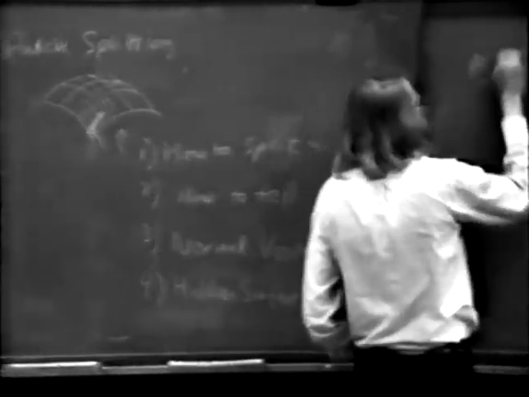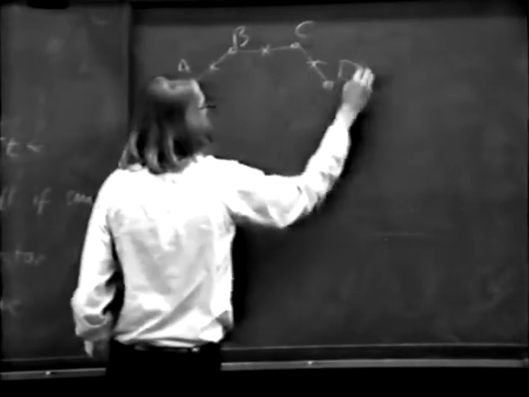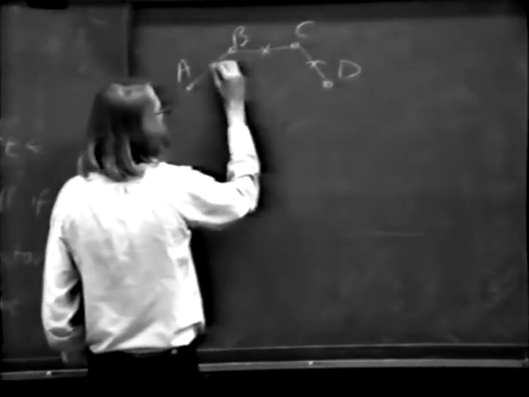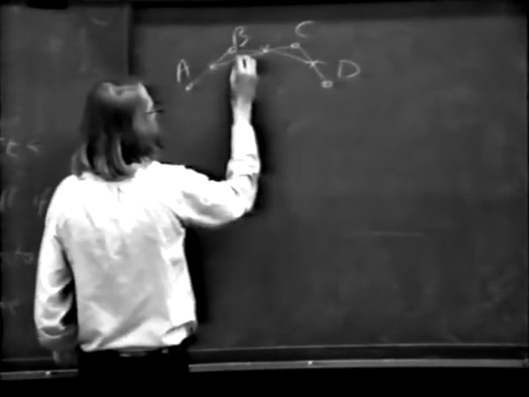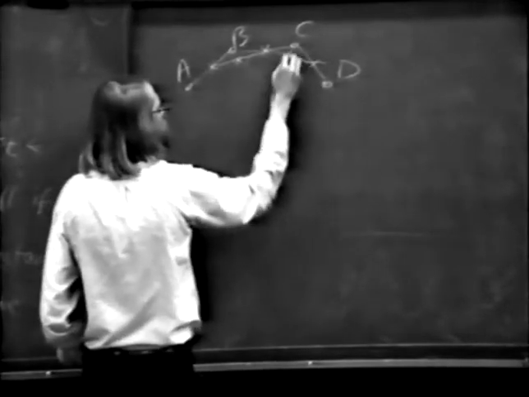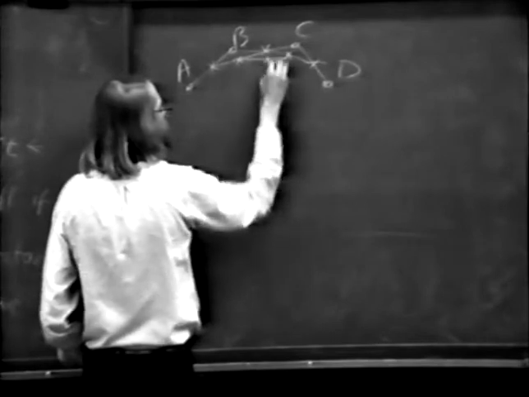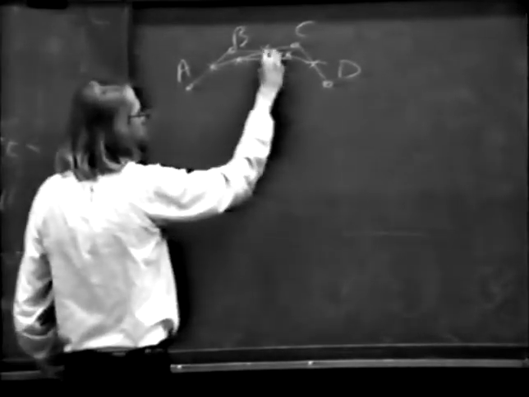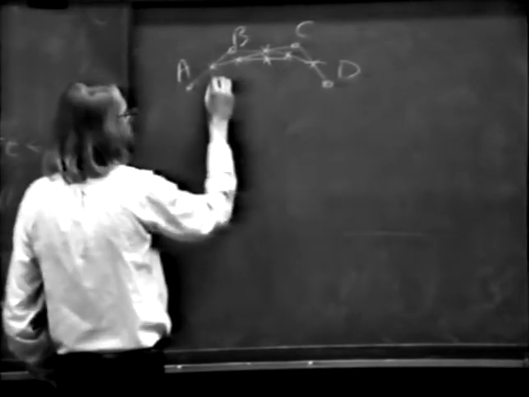Let me label these things A, B, C, and D. Start out with the 4 points A, B, C, and D. You split this into 2 and connect this with a line and that with a line. And you split that in 2 and connect that with a line, and you split that in 2. Successive number of halvings of the line. Let me label these things now.